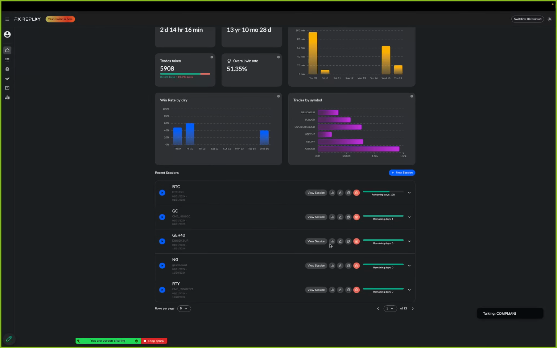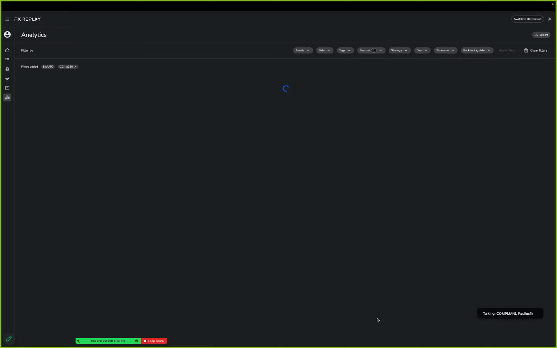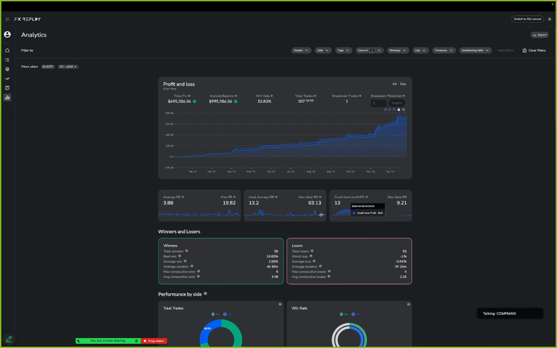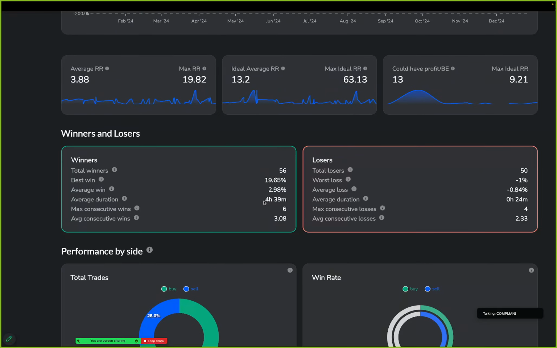We go here on your backtest and you click on any of them. We'll go with this one. Then I go here and I see my average win duration is 4 hours and 39 minutes. So if my average winner is about 3%, I want at least about half to 70% of it within that time frame.